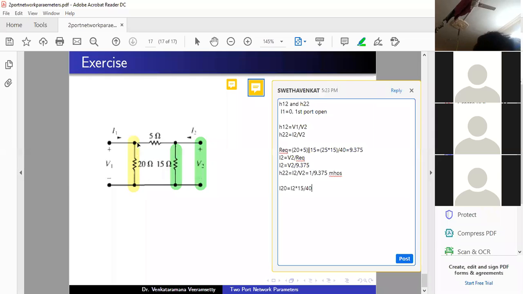I20 is the current flowing through the 20 ohm resistance, but what I want is V1. V1 equals I20 times 20, where I20 equals I2 into 15 divided by 40. So V1 equals I2 into 15 divided by 40 into 20.